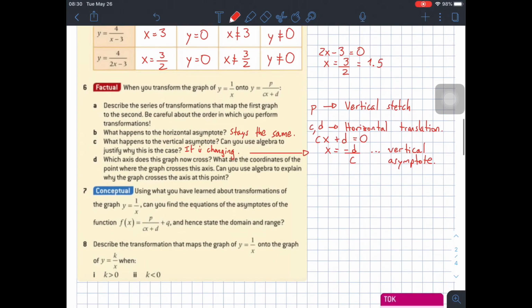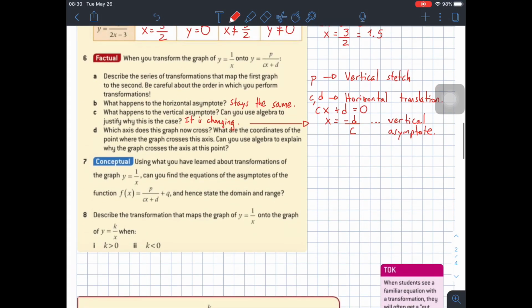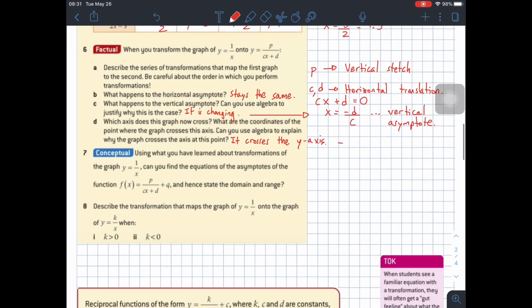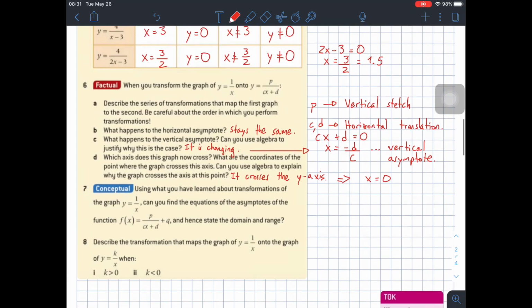So it crosses the y-axis in this case. And in order to find the value, we're going to set the value of x to 0, right? That means that the graph crosses the y-axis. So for example, in the last one, we're going to say that y equals 4 divided by 2 times x, where x is 0, minus 3.